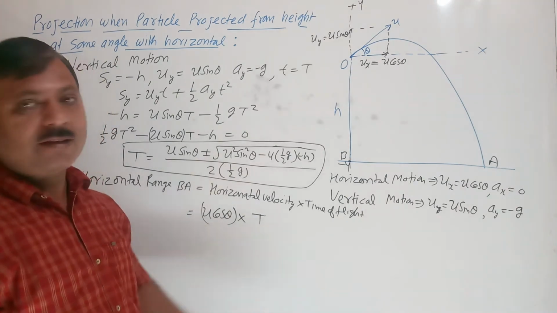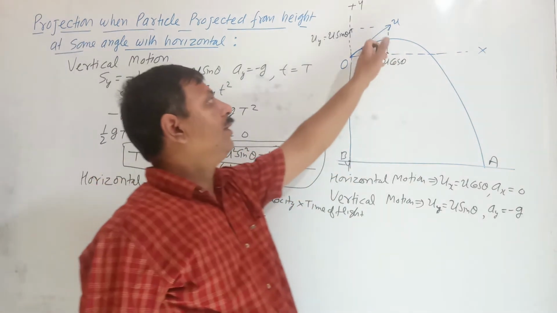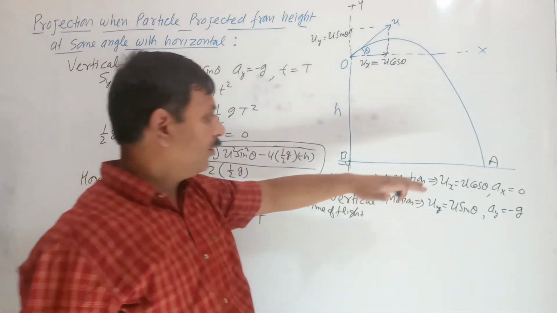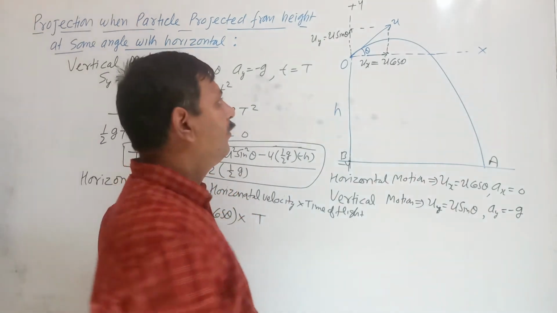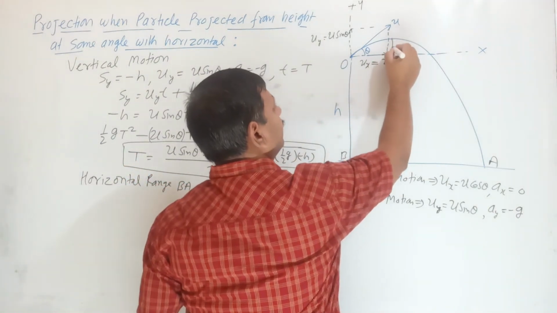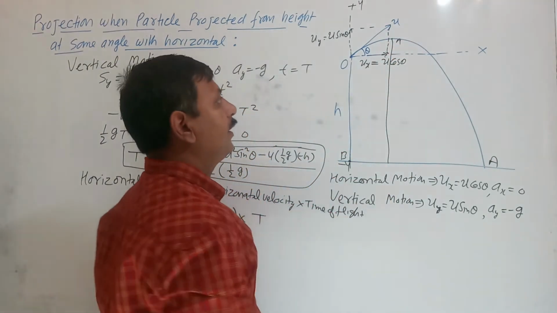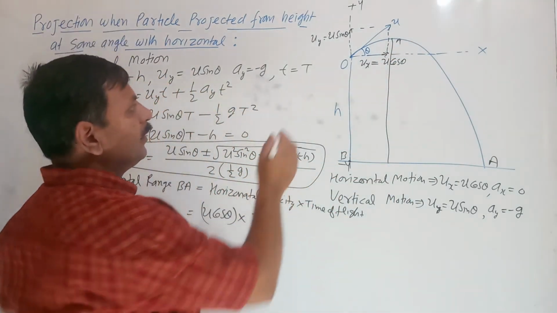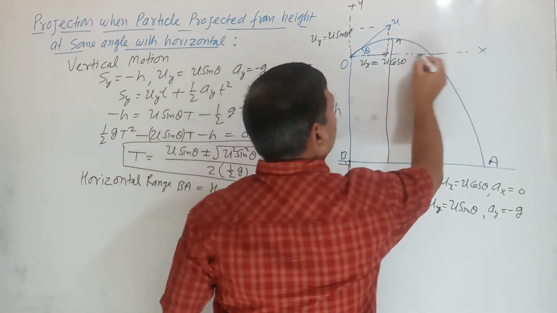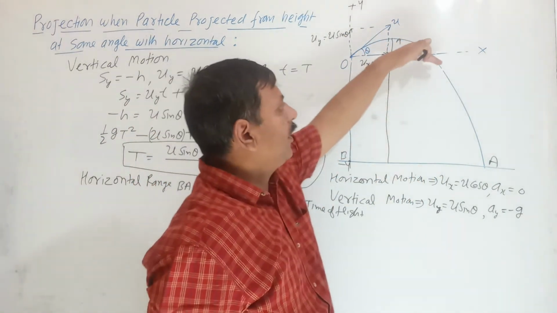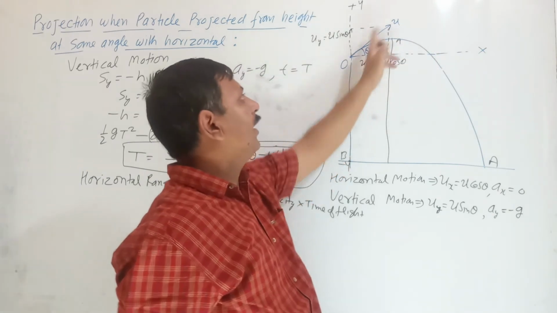If I find the maximum height, the position from the horizontal ground, what will the maximum height position be for this projectile? Suppose I take this horizontal projection from the ground, with an angle theta.